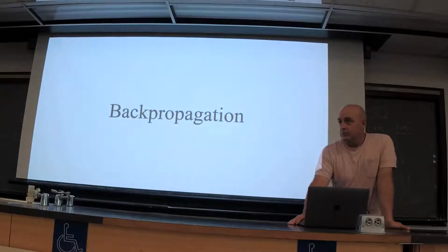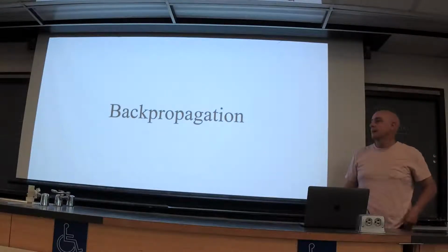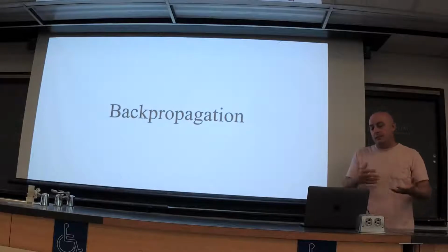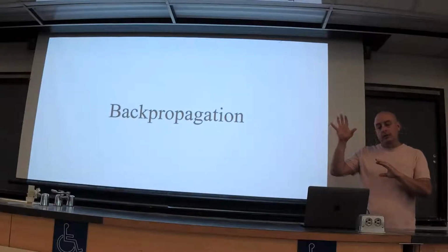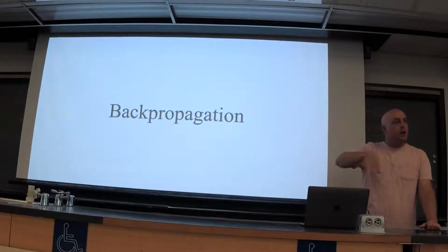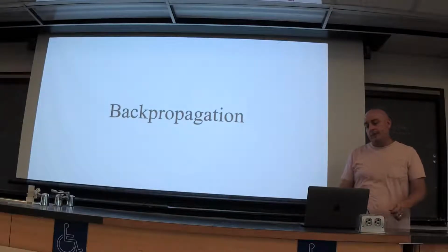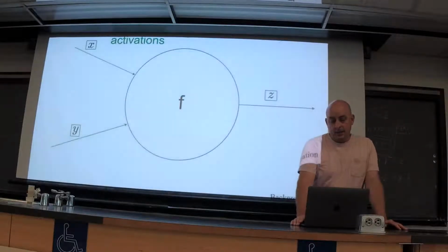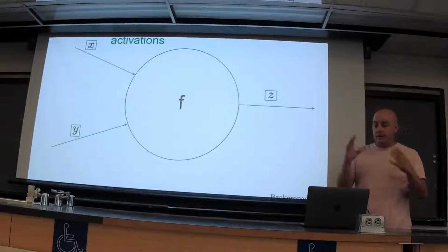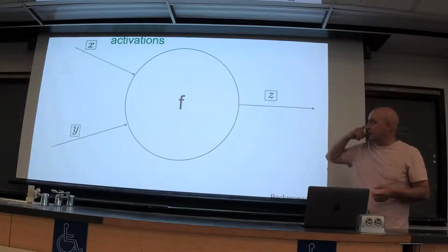Okay, so we started on this topic at the end of last lecture, backpropagation, which is the algorithm for how we will compute the gradients of the loss with respect to all the parameters in our model. And we talked about computation graphs, and here's a node in a computation graph that has two inputs, x and y.